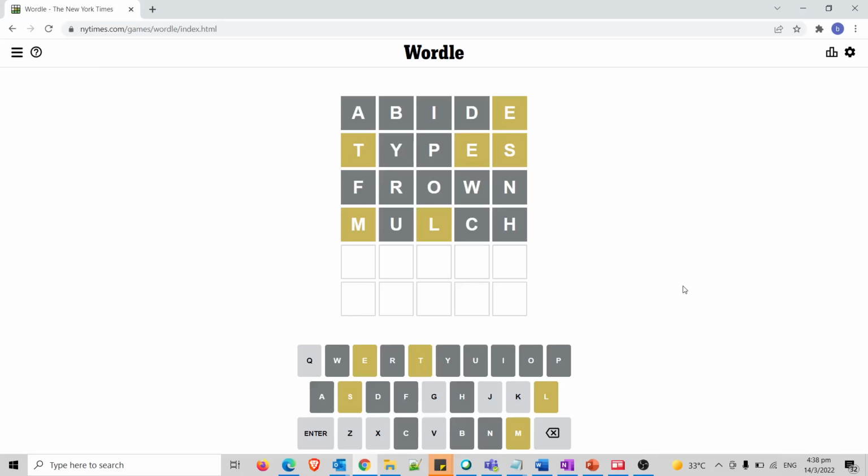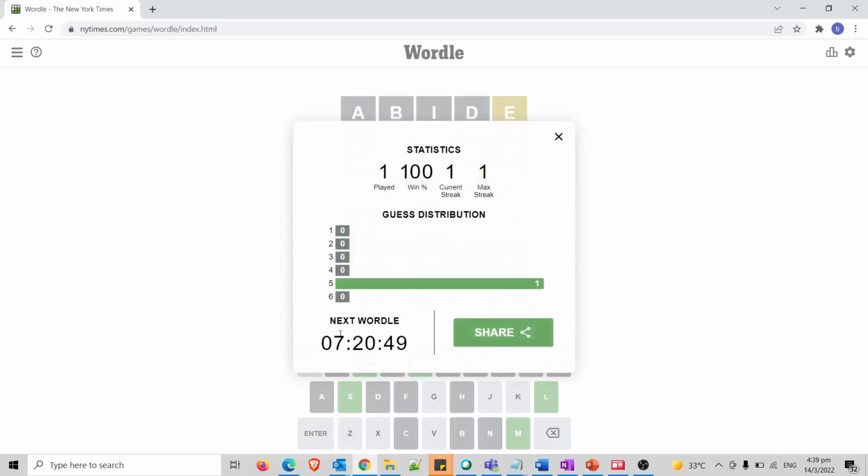We can have M, E, L, T, S, also melts, but since S is already here with a yellow tile, it means S is not at the last spot. So we can have S, M, E, L, and T. Let's try. S, M, E, L, T. Sure. Boom, we have our word of the day.